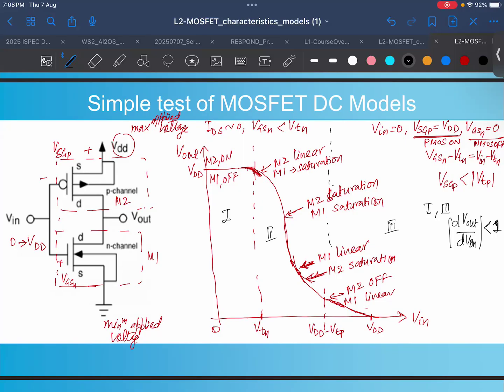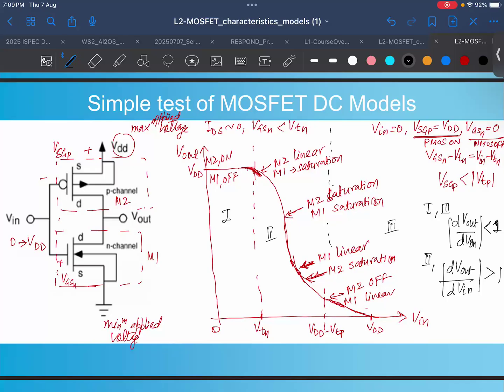But in region 2, it's very surprising to see that dV out by dV in is quite large, right? It's huge, because V out is changing very fast with a very small change in V in.